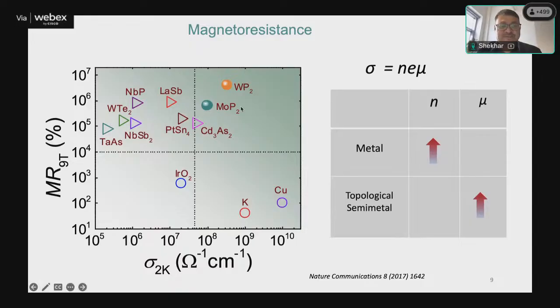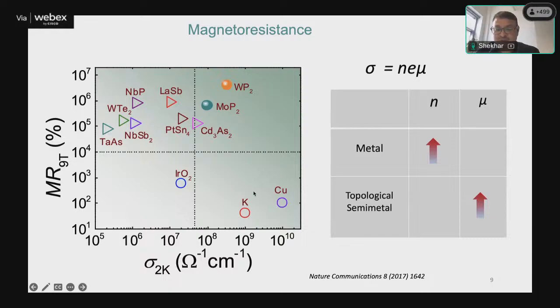All these semimetals mentioned here on the top are materials where we have a high mobility. We can see here this graph of magnetoresistance versus conductivity at 2 Kelvin. We have copper and potassium, which are good metals, and we can also include aluminum.